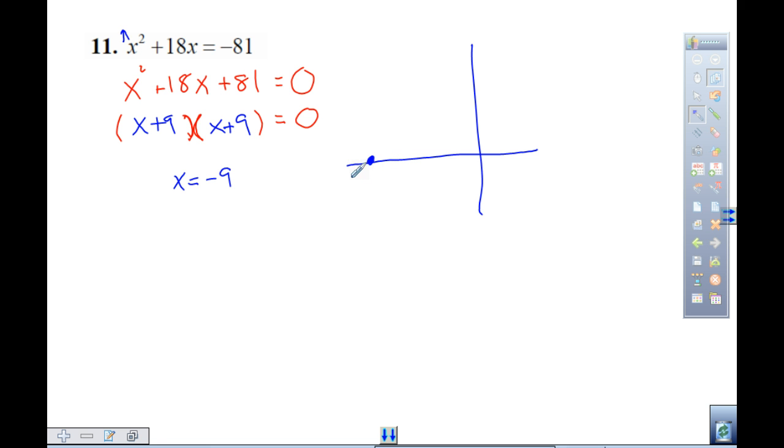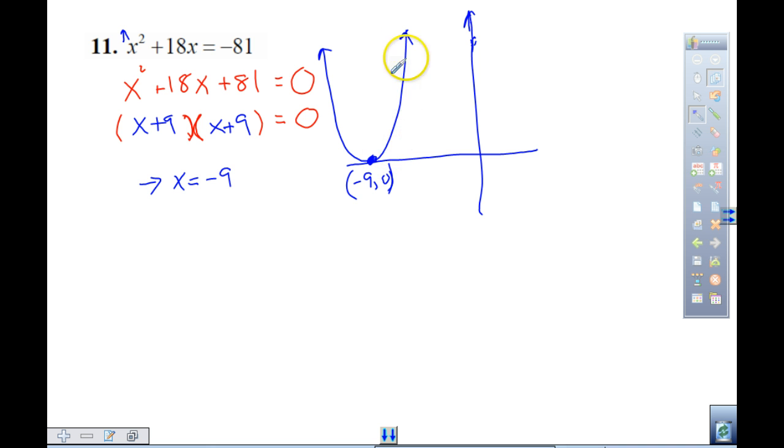Parabola. Alright. So when you have one answer, that was the case when the answer is also the vertex. The vertex is at -9, 0. So we had that special case. What's the y-intercept?